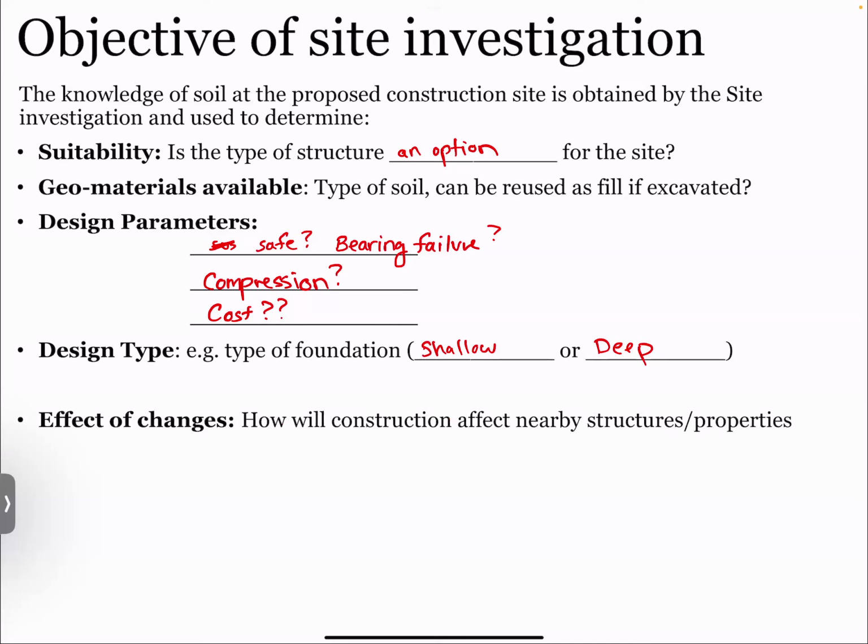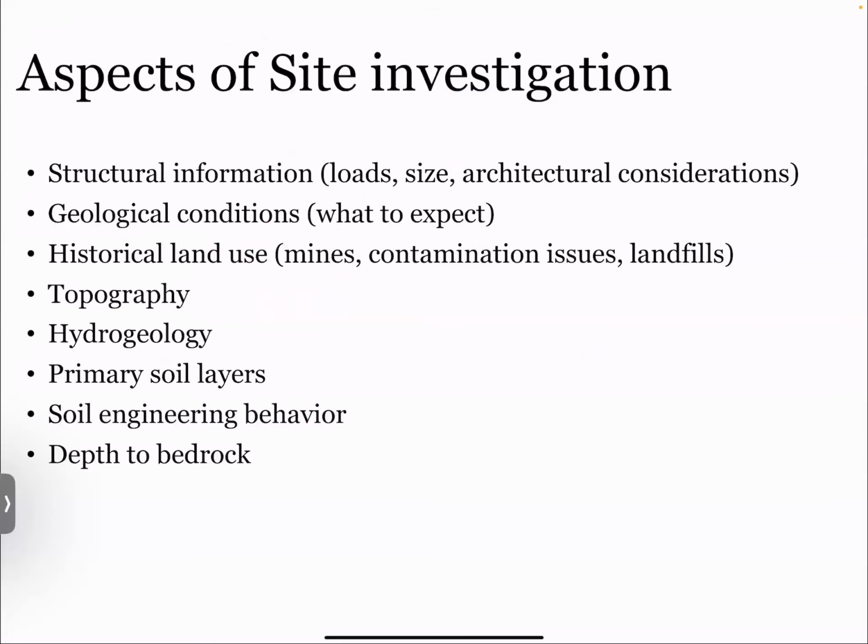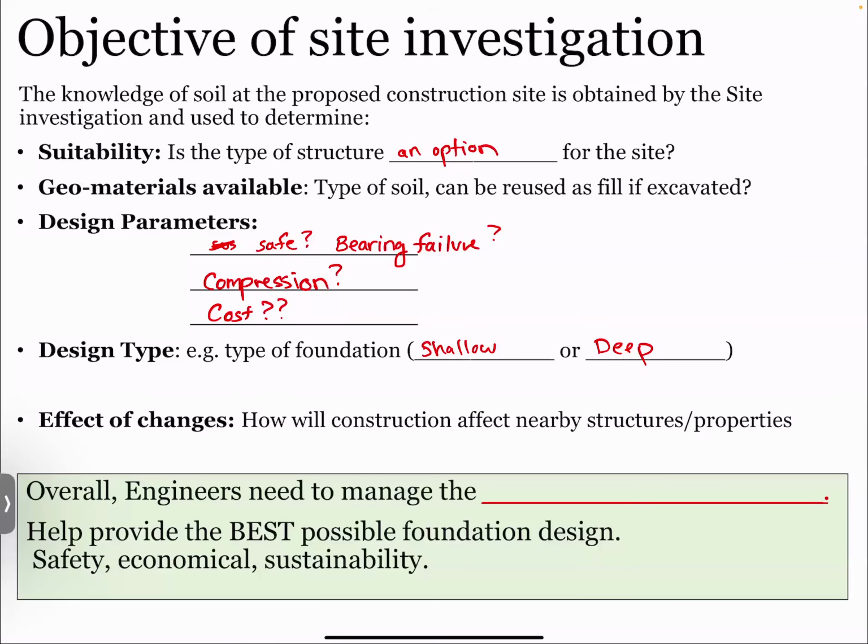The other thing that we need to follow through with and really get an understanding of is how this construction will change or potentially affect the nearby structures or property. This is a huge thing that geotechnical engineers have to worry about, as you saw with that excavation. Oftentimes an excavation is going to be in a heavily developed area because we have limitations of space. If you're excavating soil or tunneling to create a new subway system, the nearby historic structures need to be protected and monitored.